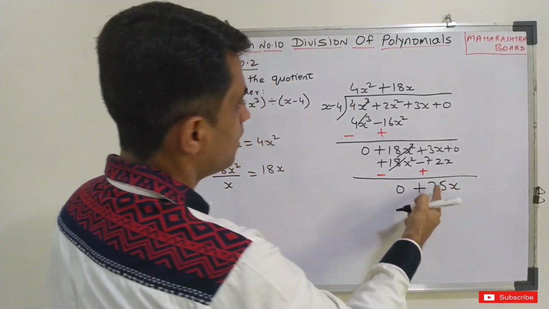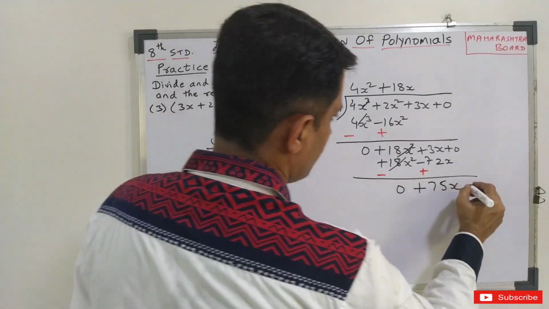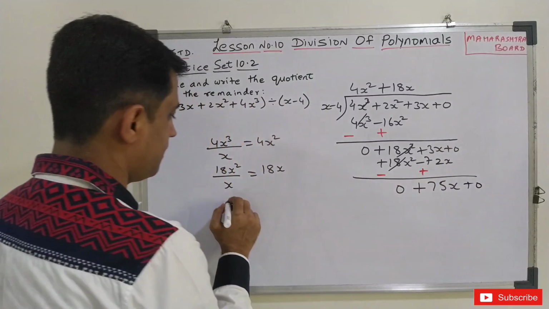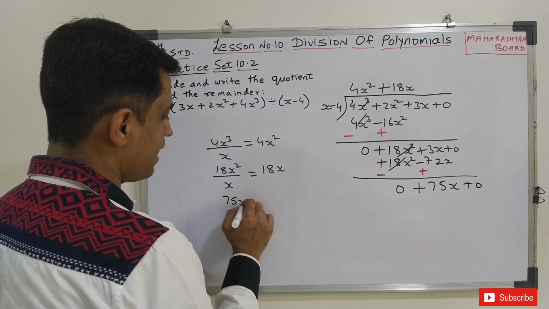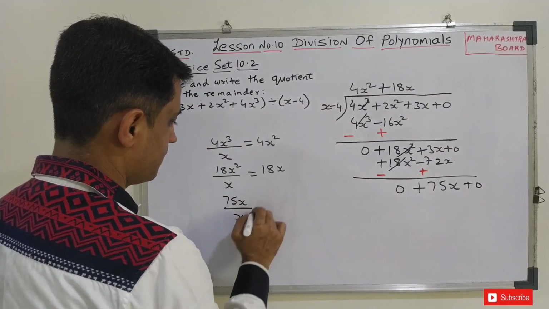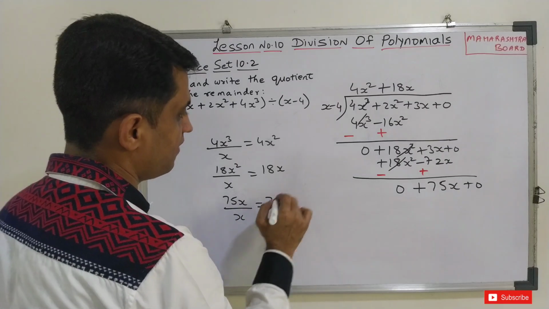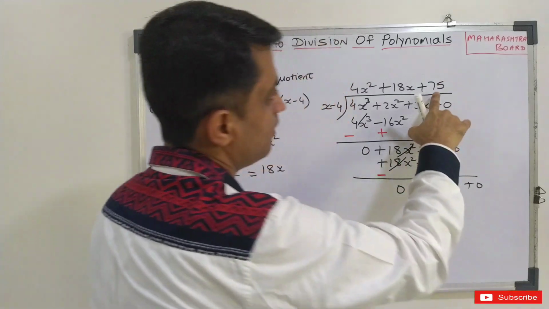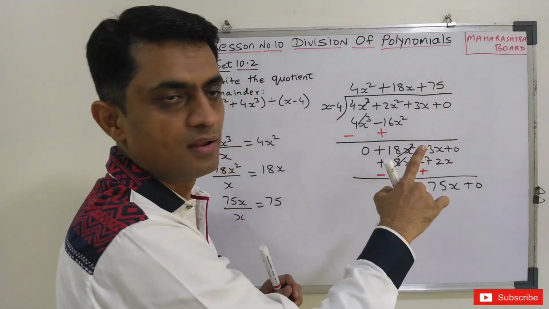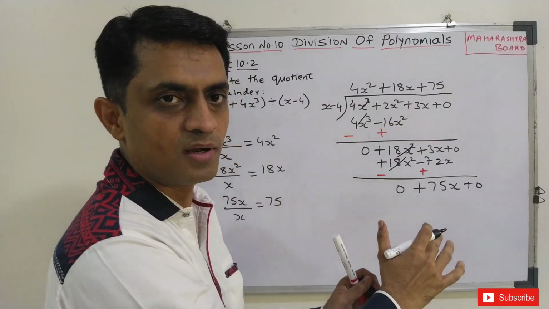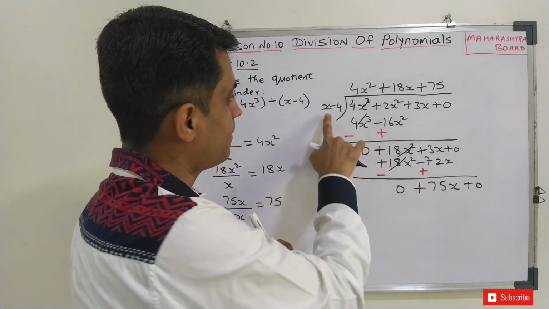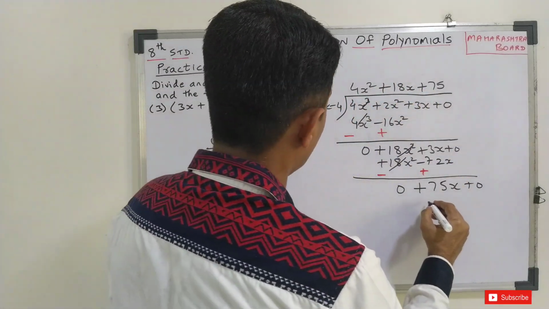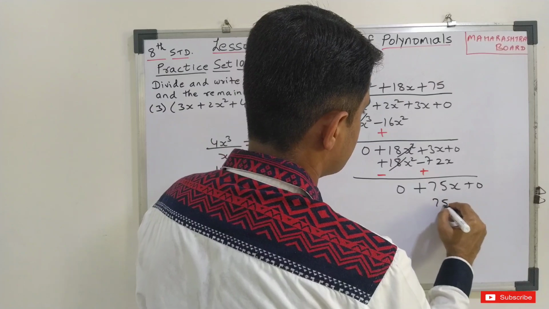Now students, this also you can divide. If you want you can continue with 0. Let us see. So 75x divided by x, what will we get? 75. So we write here plus 75. Now student, once you get constant here, it means your division is almost over. So this will be the last step. X into 75 is what? 75x.